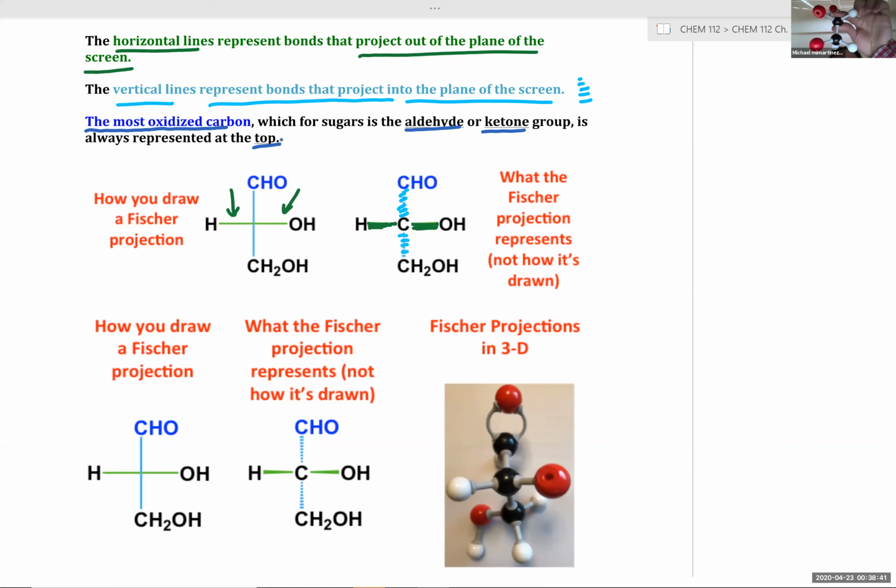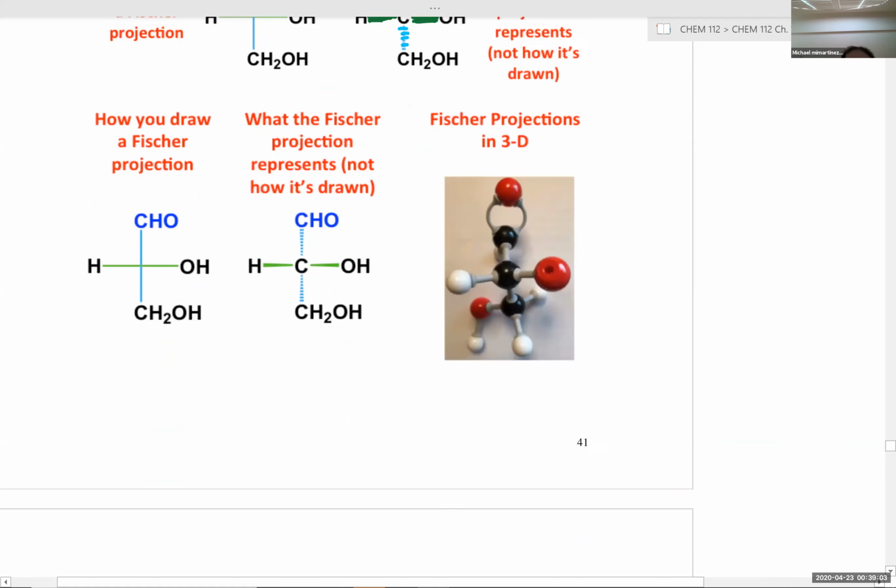Does that make sense? This is important because if you draw your Fischer projections upside down, it creates issues for this model. So you always put the aldehyde or ketone group on the top, the most oxidized carbon.